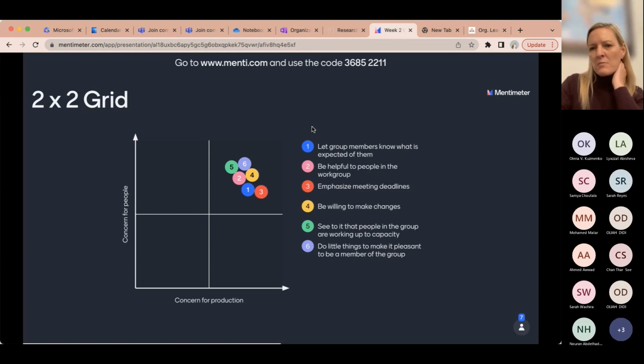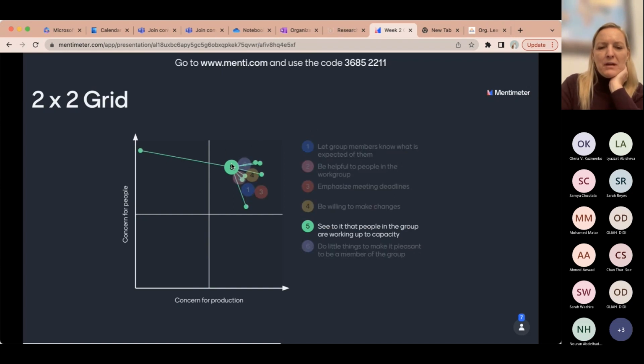Okay, so when we look at question 5, see to it that people in the group are working up to capacity. We had one person who definitely recognized that as being a concern for people, and the remainder of you stayed tighter to concern for production.